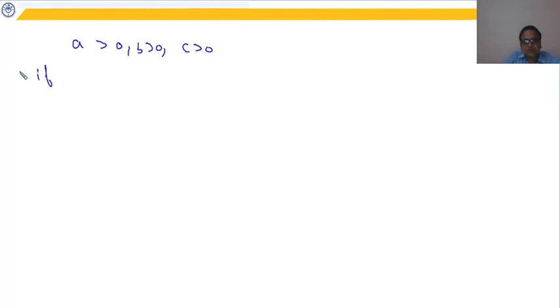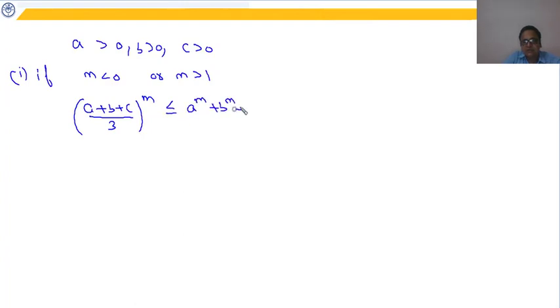First case, if m is less than 0 or m is greater than 1, then we can simply say ((a + b + c)/3)^m is less than or equal to (a^m + b^m + c^m)/3.